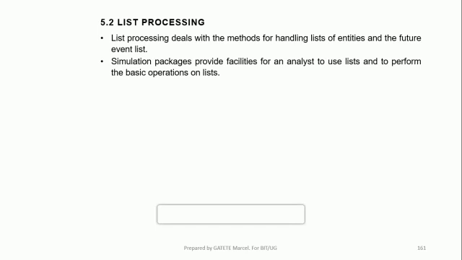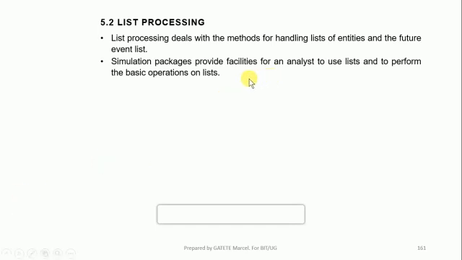You have to order those customers in the queue so that your scheduling will follow an ordered list. List processing deals with the method of handling lists of entities in the future event list, the entities and the occurring events.